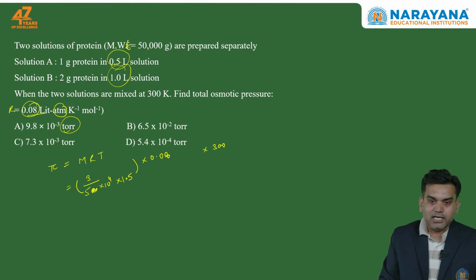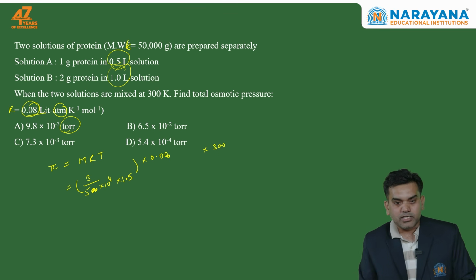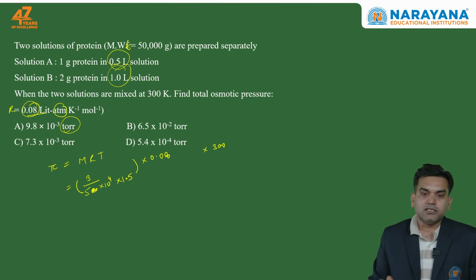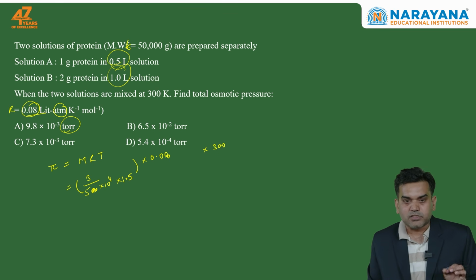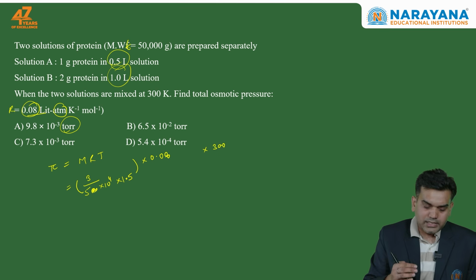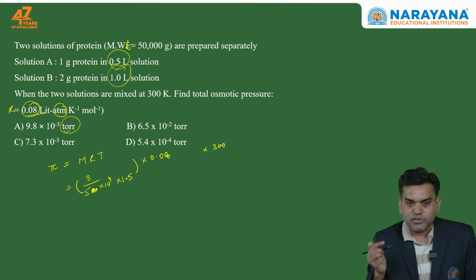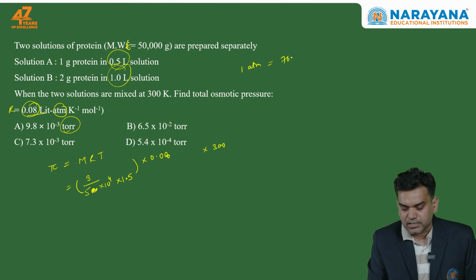Either I can find this value in atm and then multiply by the 760 factor to convert it into torr, or I can directly convert the value of R in terms of torr. One thing that we know is 1 atm is equal to 760 mmHg, and 1 mmHg is equal to 1 torr. So this value is 760 torr.